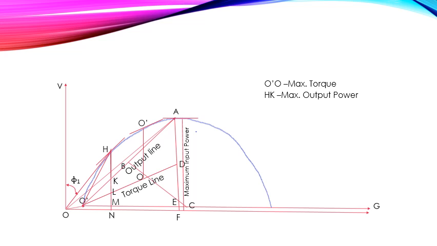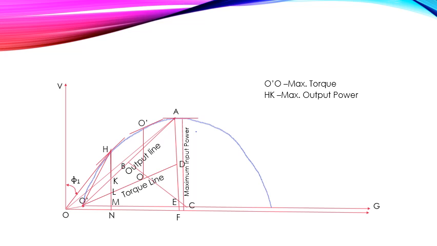So OH will indicate the current I1, and that is at an angle phi 1 to V. Then to estimate the maximum output power, maximum torque and maximum input power, draw the intercepts to the circle diagram.